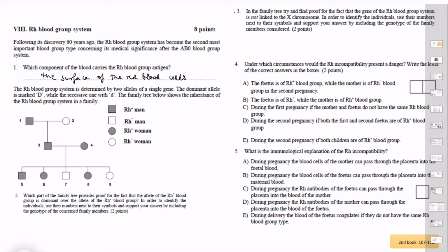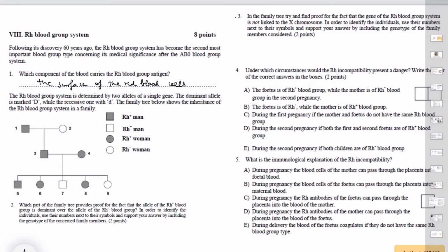The Air-Rich blood group system is determined by two alleles of a single gene. The dominant allele is marked capital D, while the recessive one with lowercase d. The family tree below shows the inheritance of the Air-Rich blood group system in a family. So we are looking at a pedigree chart here that basically helps us to analyze the patterns of inheritance of Air-Rich blood group types within this particular family.